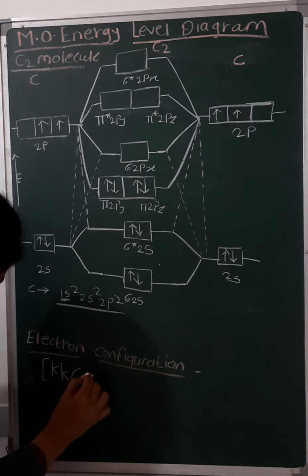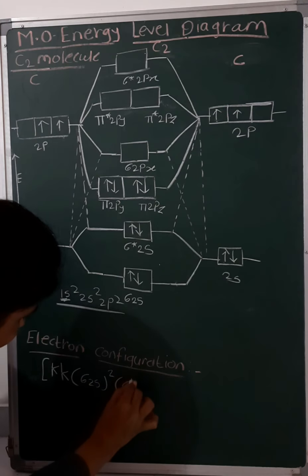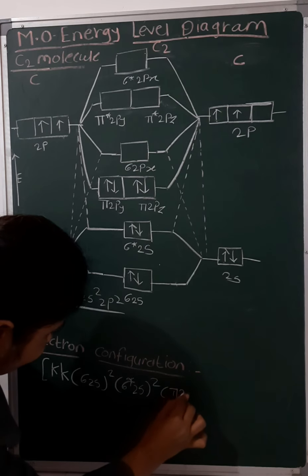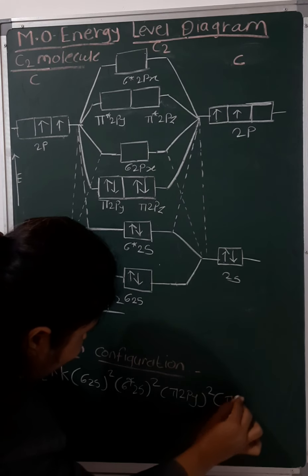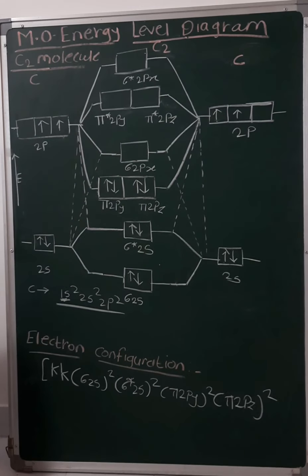Then sigma 2s2, sigma star 2s2, then pi 2py has 2 electrons and pi 2pz also has 2 electrons. This is the electron configuration of the carbon molecule.